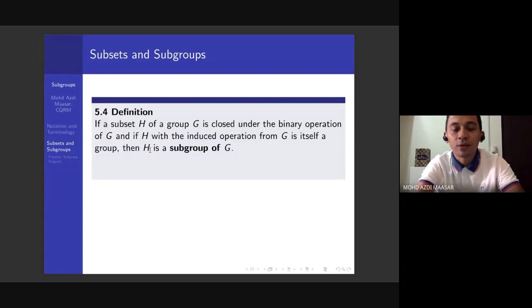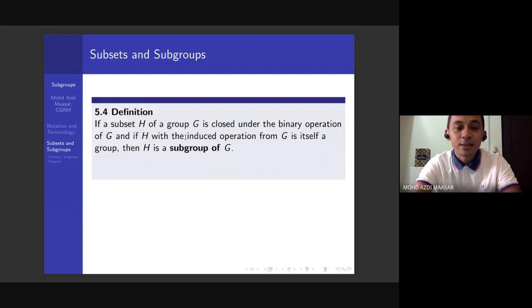If you look at the definition of group, you might want to check whether the operation is associative. But because the operation is now induced from G, we know that of course it is associative because it is the same operation. So we can skip the check of axiom 1.